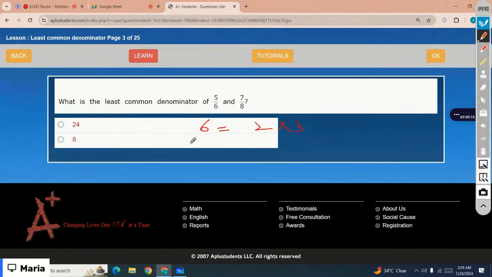The other ones are 2 times 3. That is 24. Yes, that is 24.